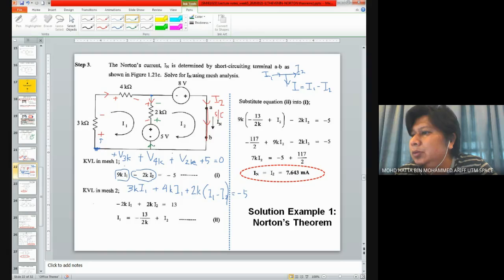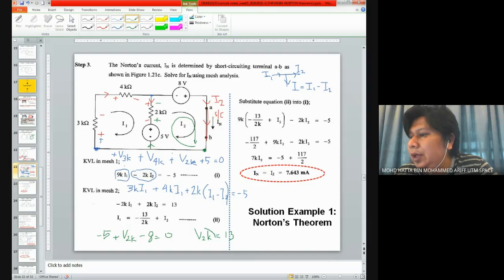So in mesh number 2, if I start from here and go around the loop and return back to the origin, I should have negative 5 plus V2K minus 8 equals to 0. If I put negative 5 and 8 towards the other side, I have V2K equals to 13.